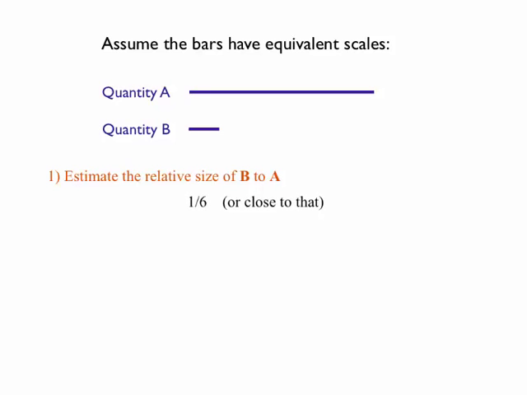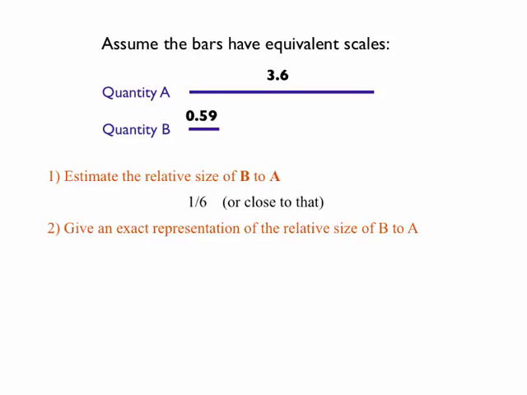I said 1/6. B to A. Measuring B with A as the measuring stick. 1/6. Exact representation: 0.59 over 3.6. It's about 0.164.